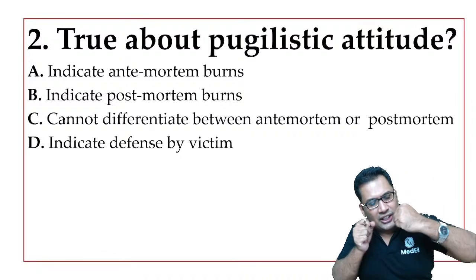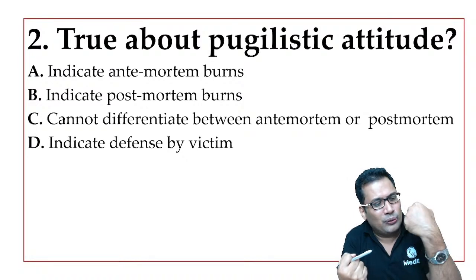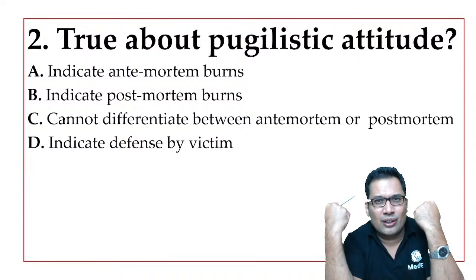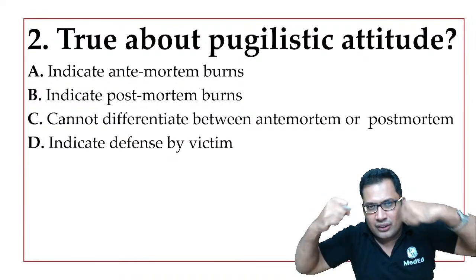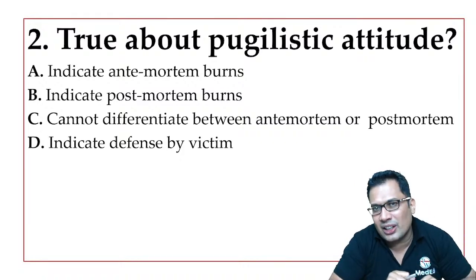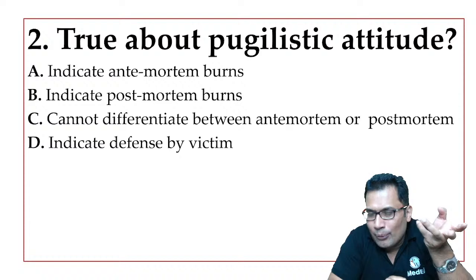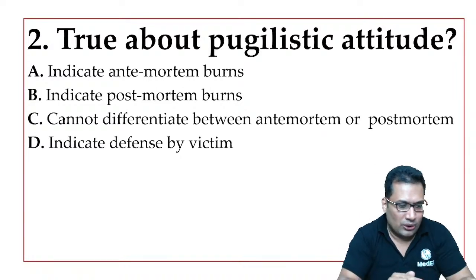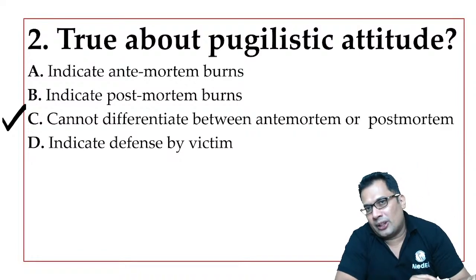Yes, pugilistic attitude is because of the coagulation of muscle protein. So hands are flexed, elbow is flexed, and arm is abducted like this. Remember, this can happen in ante-mortem as well as post-mortem, so it cannot differentiate between ante-mortem and post-mortem.